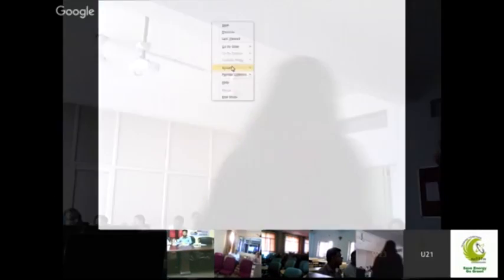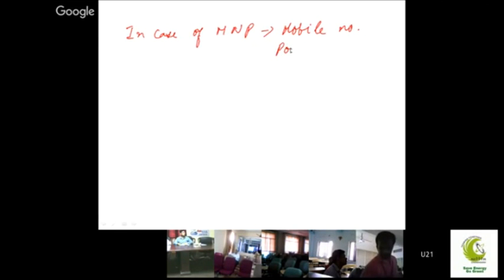In case of MNP, that is mobile number portability, what mobile number portability says is that your mobile number remains the same, but your network can be changed.